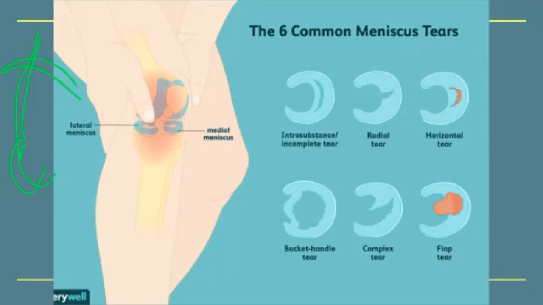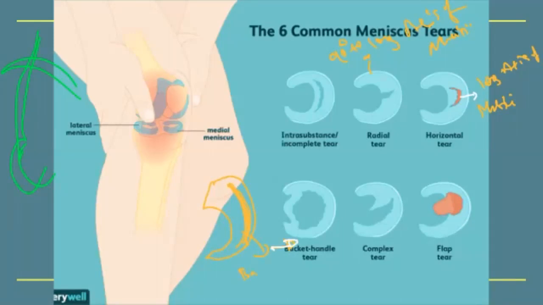So a horizontal tear happens along the long axis of the menisci, whereas a vertical tear is perpendicular to the long axis of the menisci. And if the tear occurs in the menisci like this, this is called a bucket handle tear.